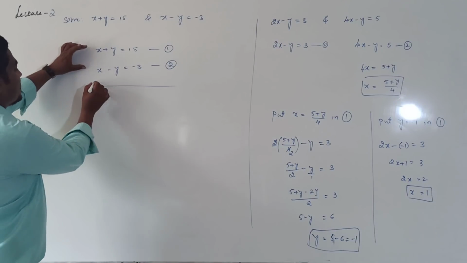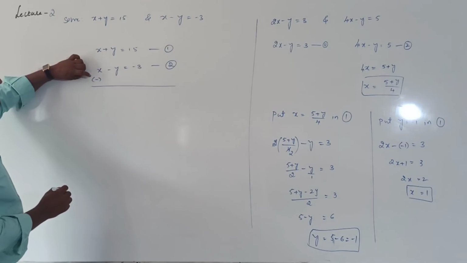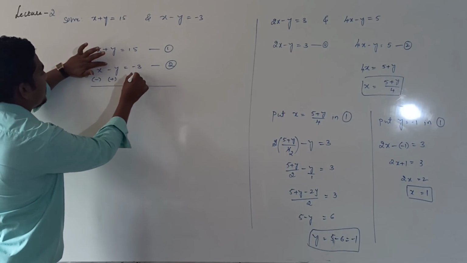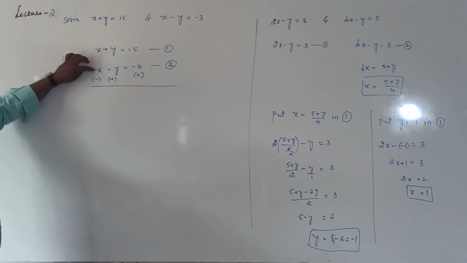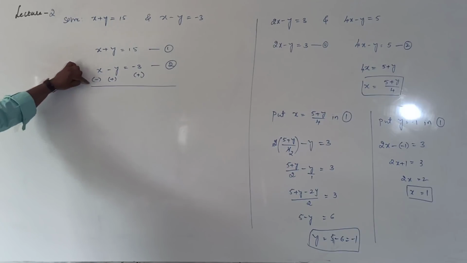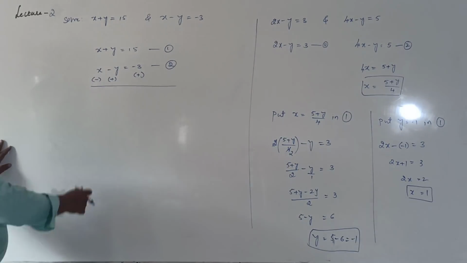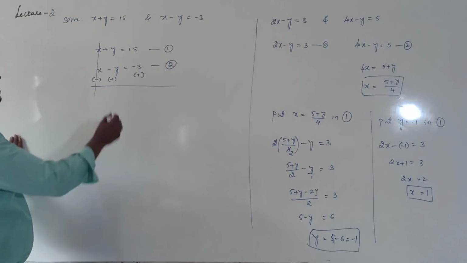Coefficients are the same, so just reverse the signs. Its sign is positive, make it negative. Its sign is negative, make it positive. After that, plus x and minus x will get cancelled.